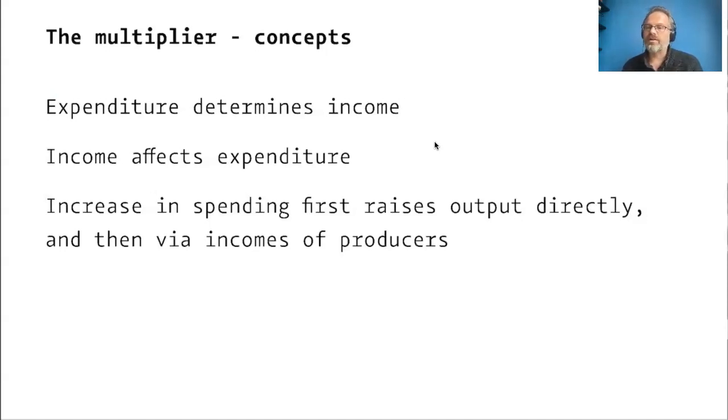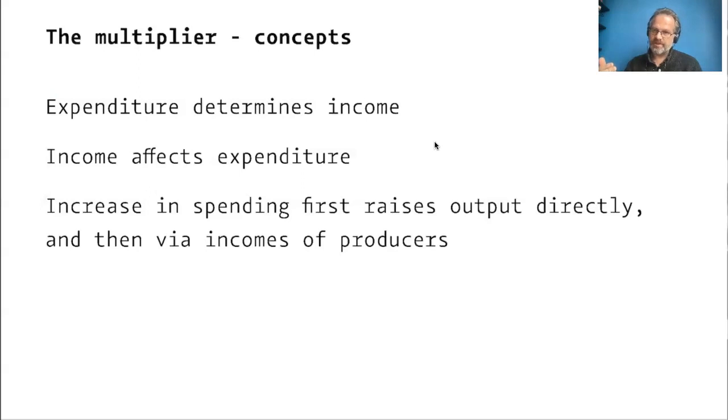And other actors in the economy to different degrees are also going to be basing their expenditure decisions on their current income. So we've got expenditure determining income, influencing and affecting expenditure, and that creates a positive feedback loop, a cycle between income and expenditure.